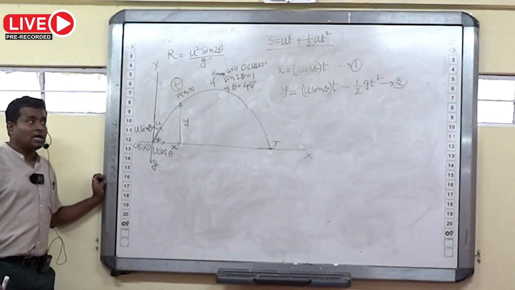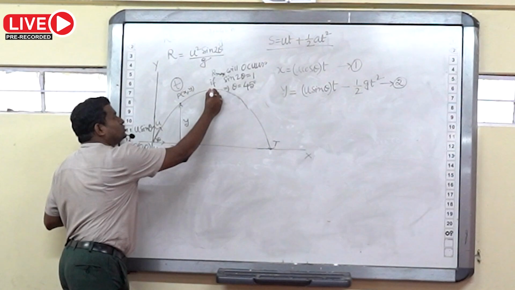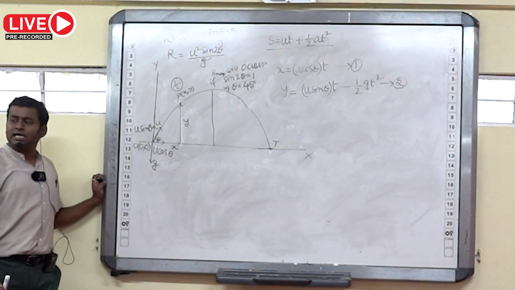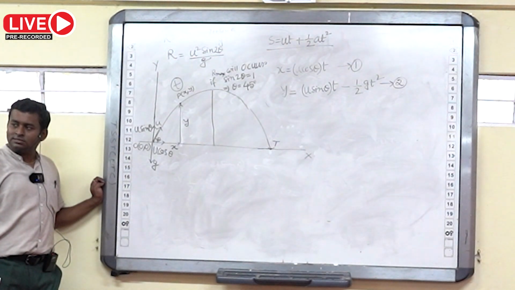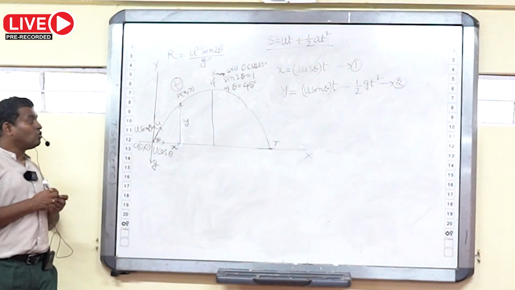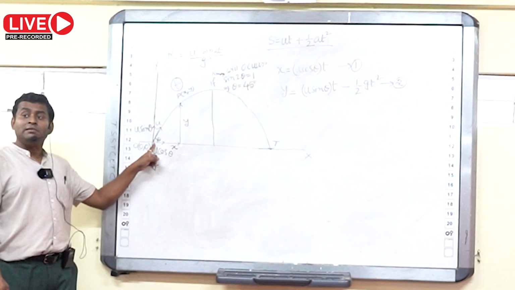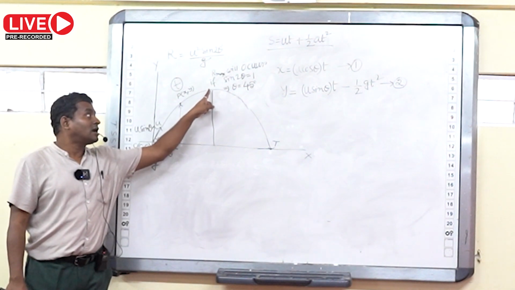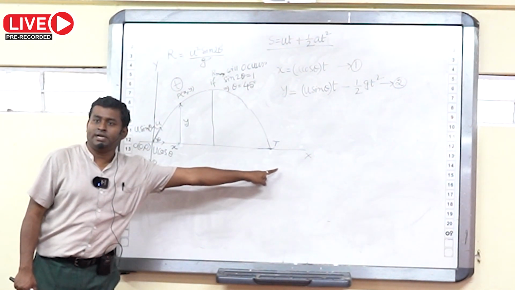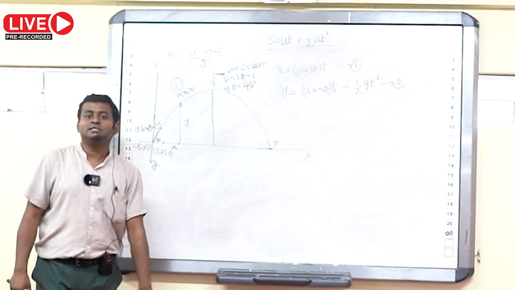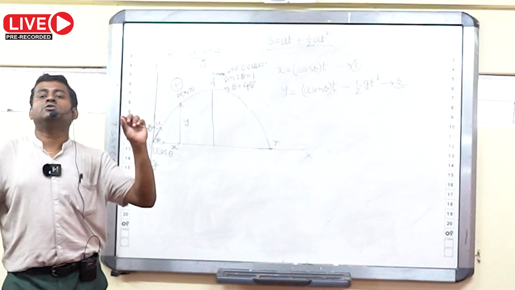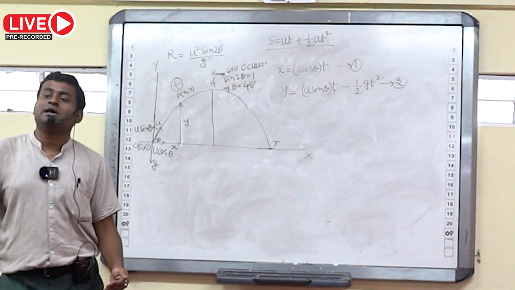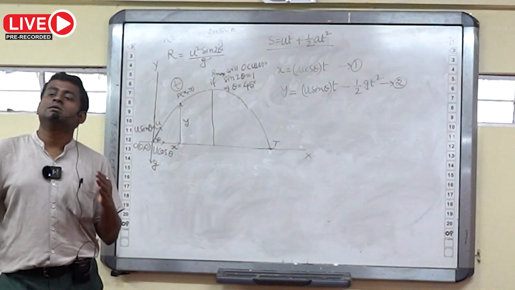Capital T. Now see, about the topmost point, this vertical line, the parabola is exactly symmetric. So the time the particle takes to come to the top will be equal to the time it takes to come from the top to this point. Means time of ascent equals time of descent, because the parabola is symmetric about this vertical line.